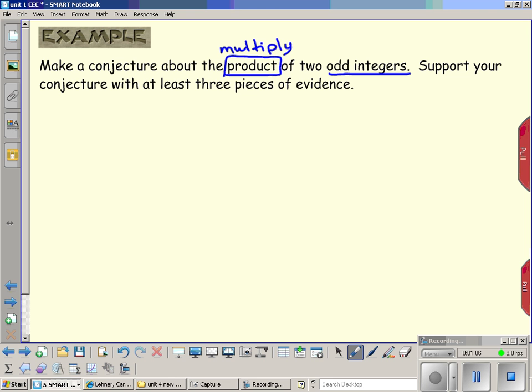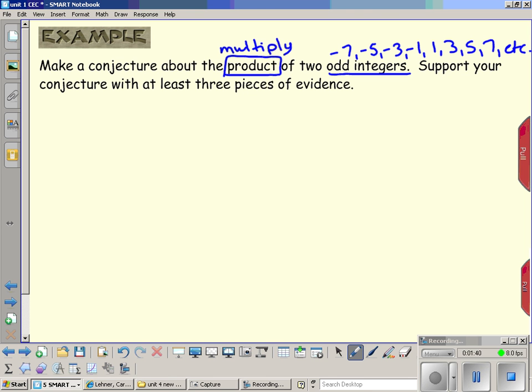Integers are any positive or negative whole number, and odd numbers are numbers that are not divisible by 2. So for example, -7, -5, -3, -1, 1, 3, 5, 7, etc. Those are odd integers. So if you think about what happens when you multiply 2 of these numbers together, what could you say is going to happen? What do you think is going to happen every time?